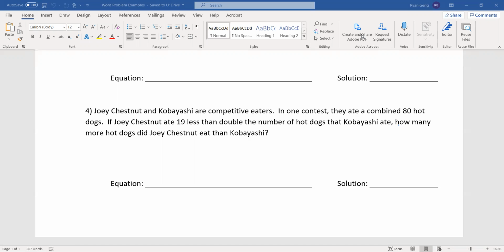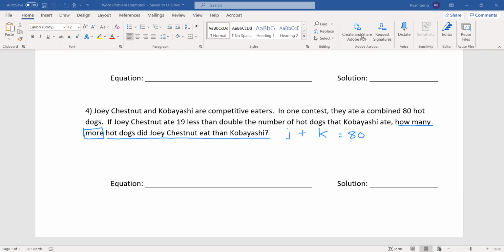Now, look at the question. How many more hot dogs did Joey Chestnut eat than Kobayashi? Well, to figure that out, we need to know how many both of them ate. So I'm going to say J is Joey's hot dogs and K is Kobayashi's hot dogs. Together, they ate 80. But that's a problem because there's a lot of combinations that add up to 80.